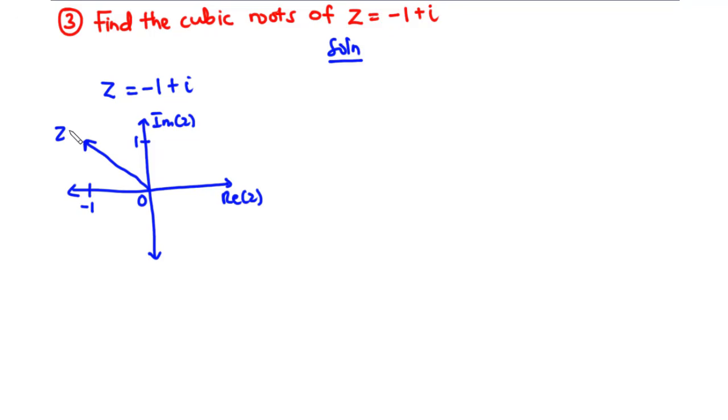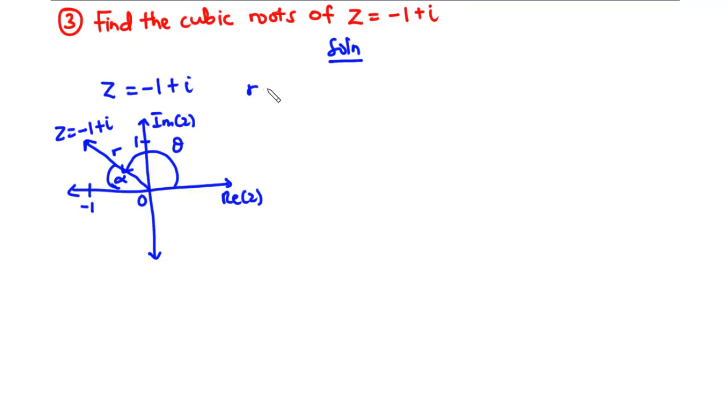So we have z to be -1 plus i. Now the angle between r and the negative x-axis, let's call this alpha. Notice that we are interested in the angle theta, that is the angle r makes with the positive x-axis, that is the angle theta.